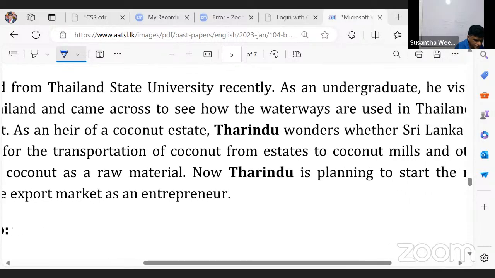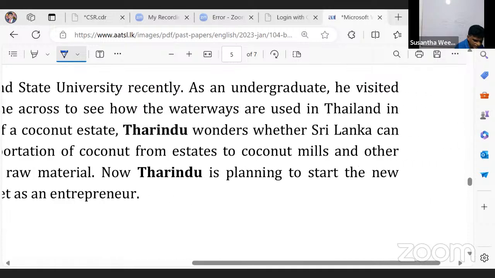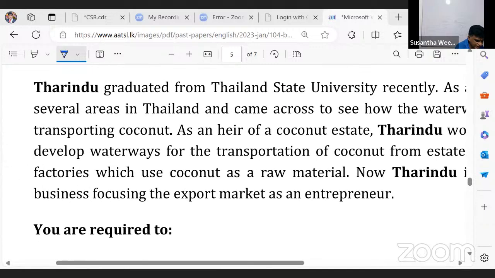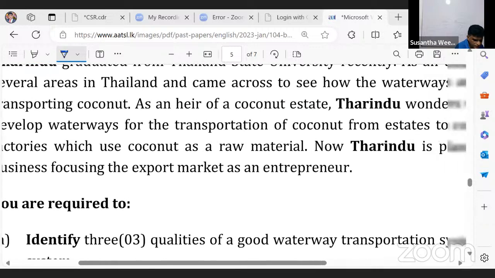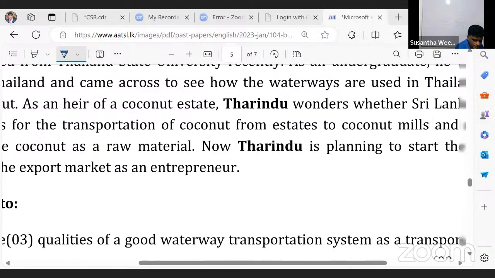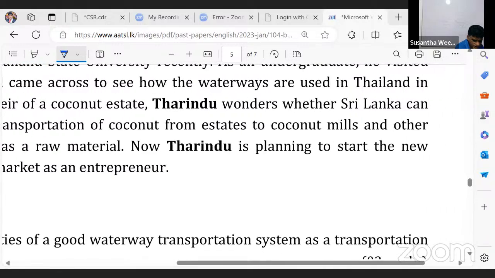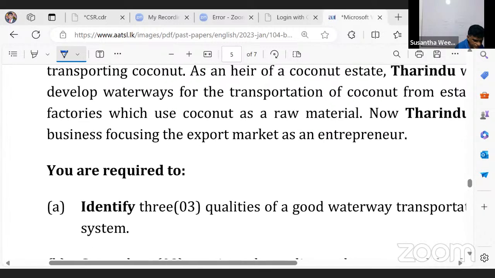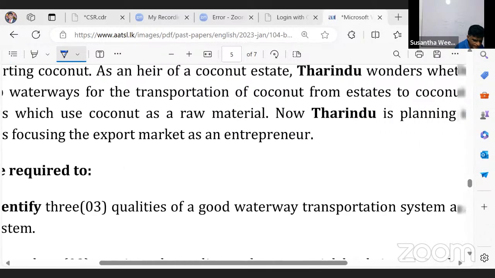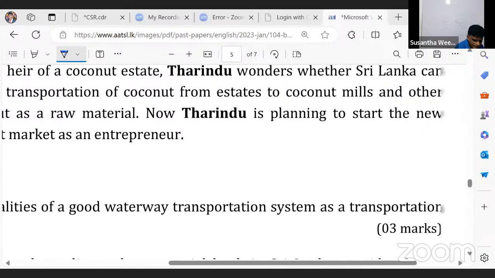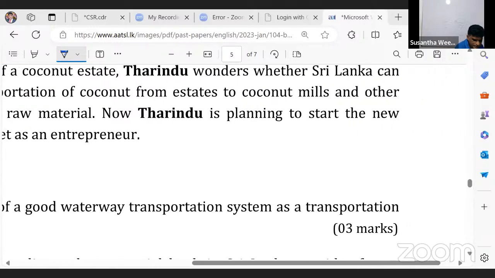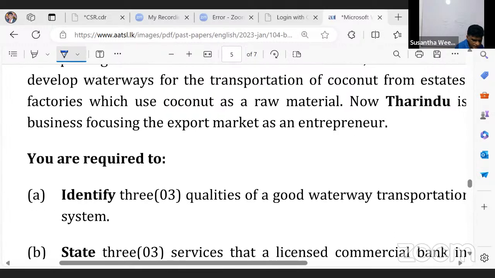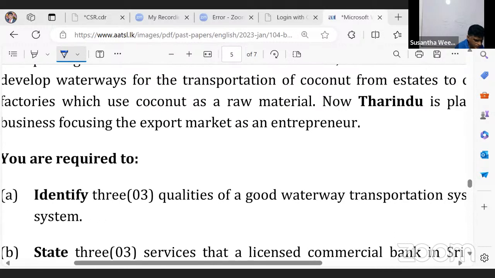As an heir of the coconut estate, Tarindu wonders whether Sri Lanka can develop waterways for transportation of coconut from estate to coconut mills and other factories which use coconut as a raw material. Now, Tarindu is planning to start the new business focusing on the export market as an entrepreneur.